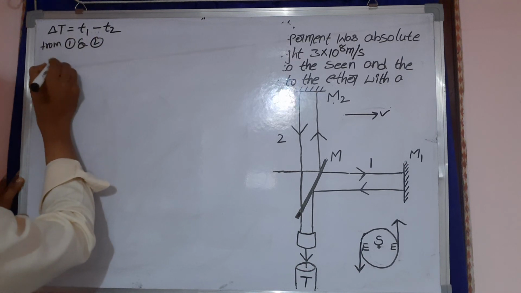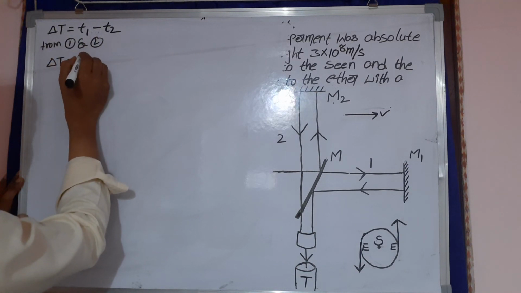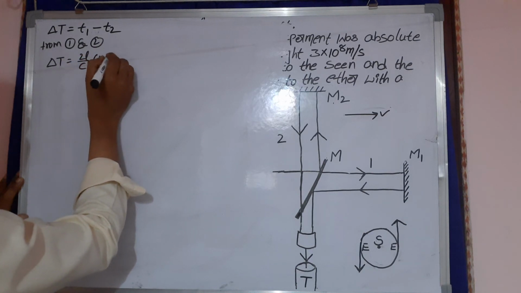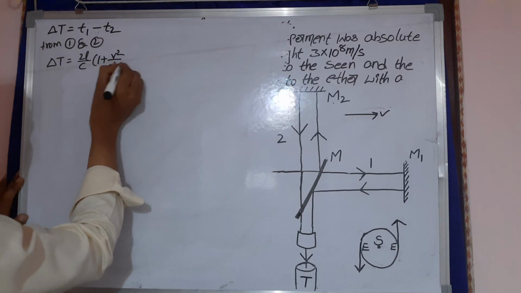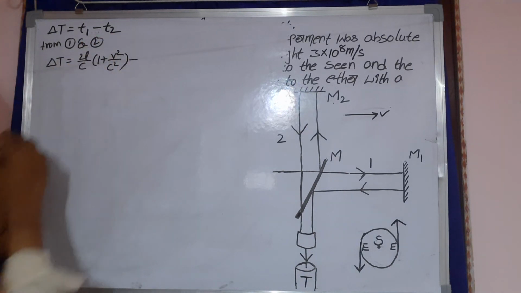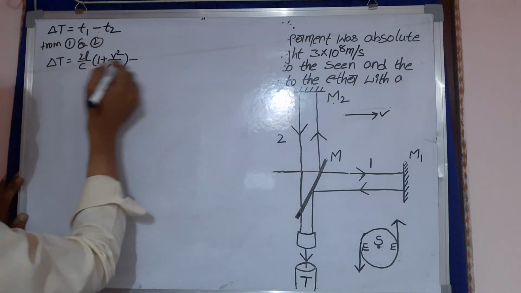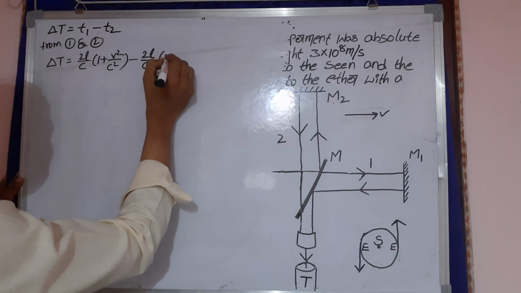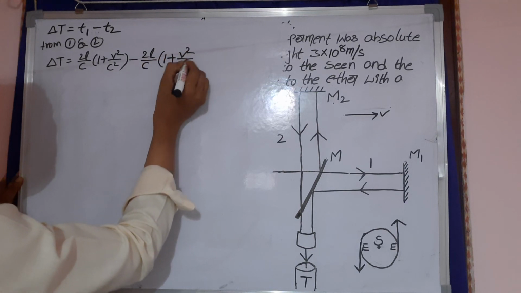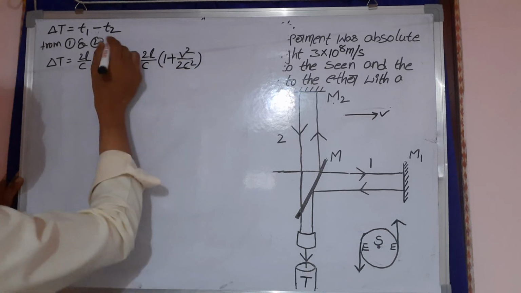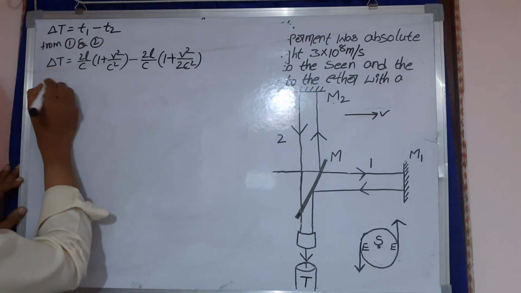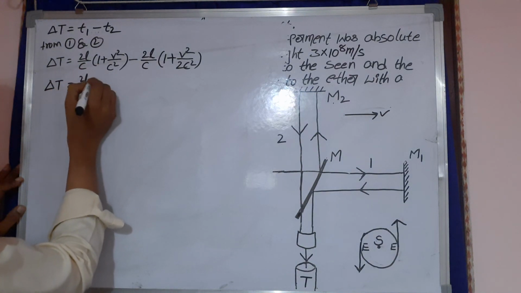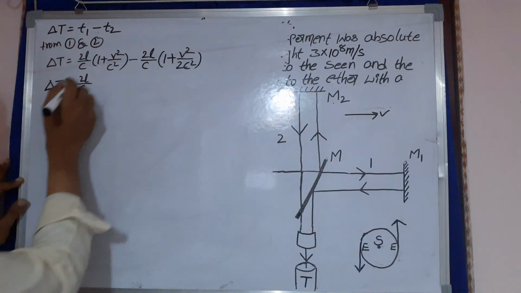So T1 means delta T equal 2L by c into 1 plus v square by c square, minus T2 means 2L by c into 1 plus v square by 2c square. This is the T2. So delta T is the time taken, multiplying these terms.